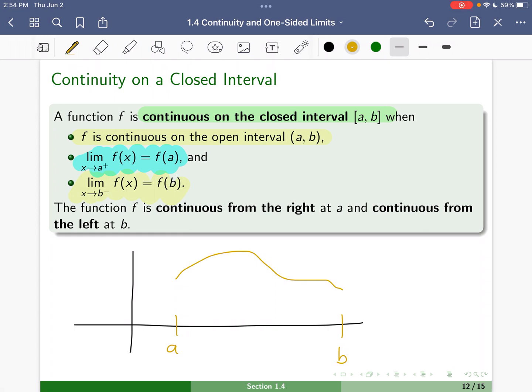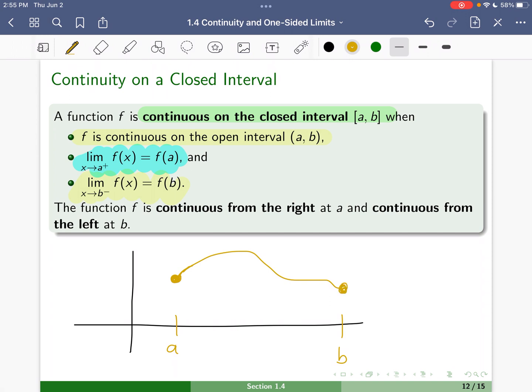But as we approach a from the right-hand side, getting closer and closer to a, then we need to approach the function value at a itself. So if our function at a was defined way up here instead of that first dot that I drew, then it would not be continuous on the closed interval. But as long as it's continuous there, we're good.